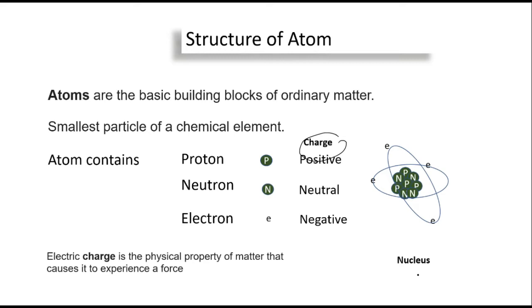Okay, and then we have studied that every atom will have an equal number of protons and electrons. In front of you now there are 4 protons, so 4 positive charges, and neutrons also are 4, so we need not write here because no charge is there. The atom contains 4 positive charges as well as 4 electrons.